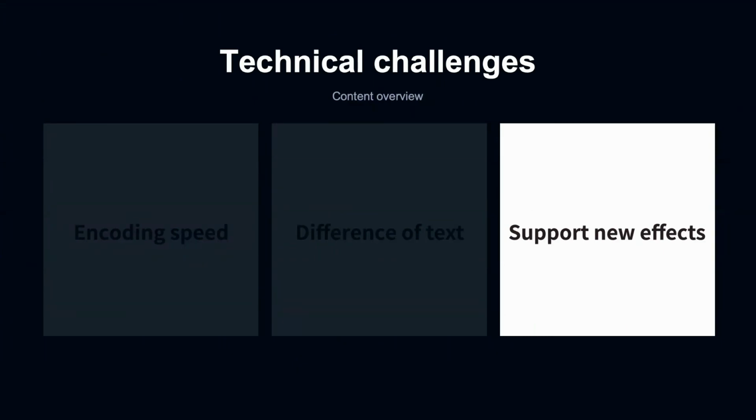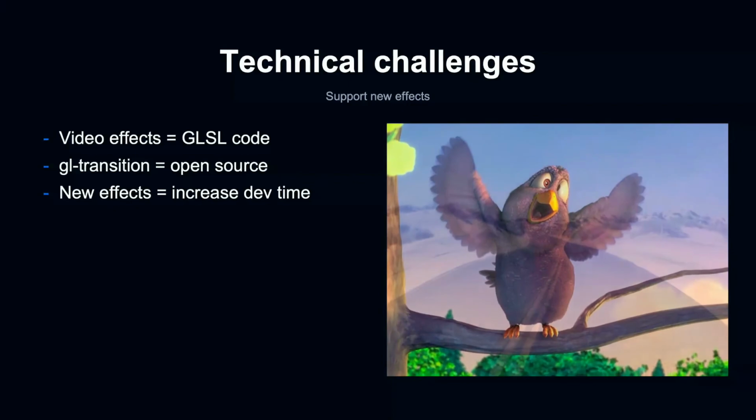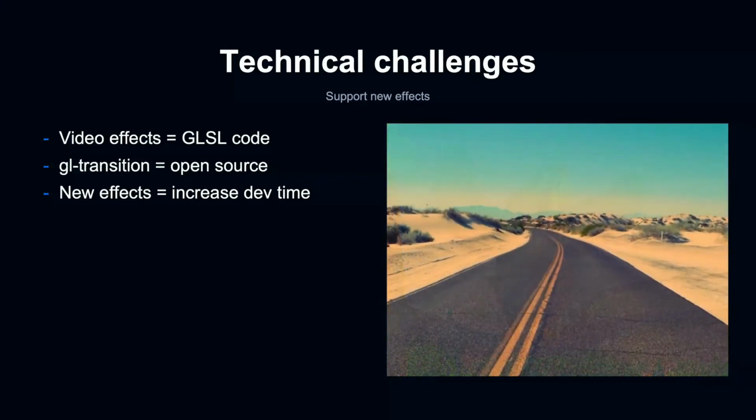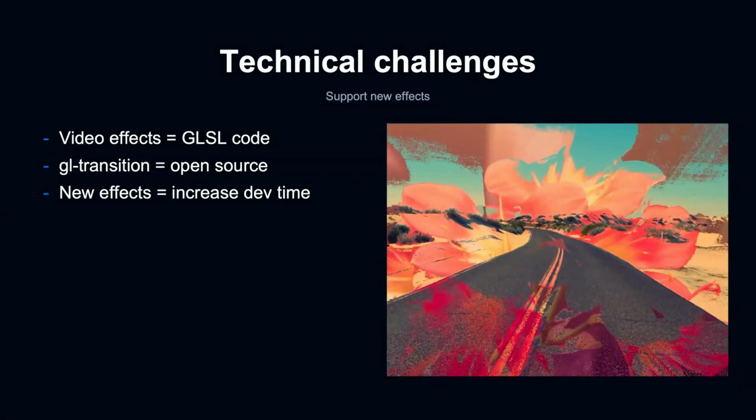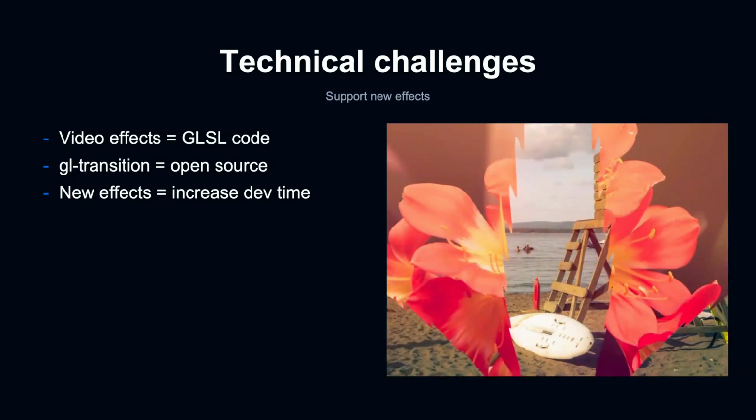The last technical challenge that we encountered while developing the video editor was supporting new video effects. I will explain why it was a challenge for us. GL Shading Language, or GLSL for short, is the main specific language that we use to control the pixels during the rendering pipeline of WebGL.